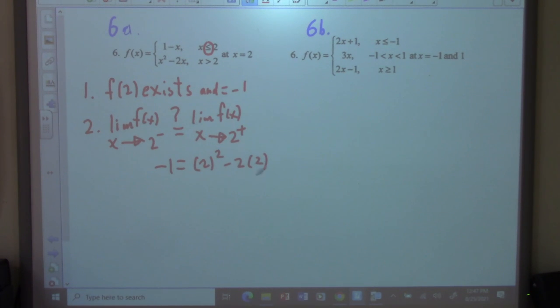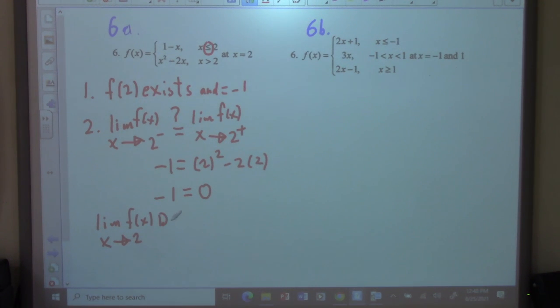Well, what are we going to have on the right side here? -1 equals, zero. So the limit as x approaches 2 of f of x what?